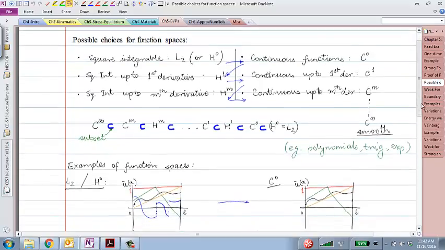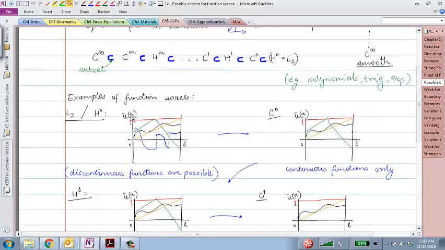If you correlate that with the figure, this is the original space of functions from which u bar can be picked. Any function from this space is valid for picking u bar. If I restrict that space and say I won't allow any discontinuous functions, then you can see I've removed that discontinuous function here.